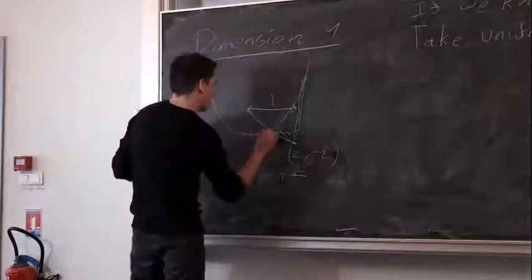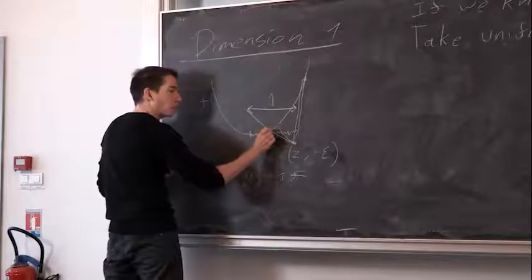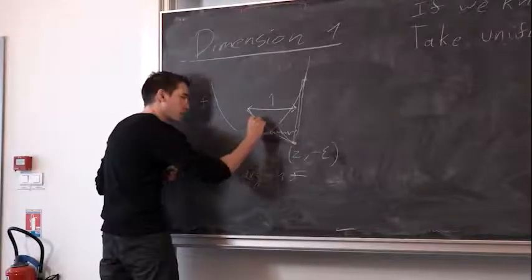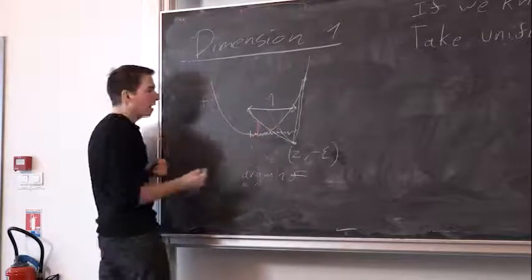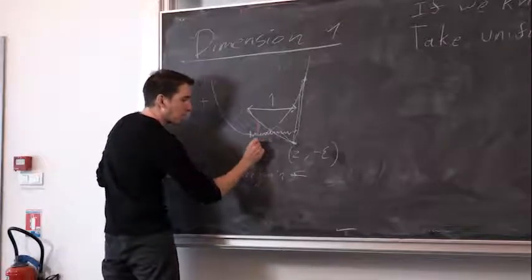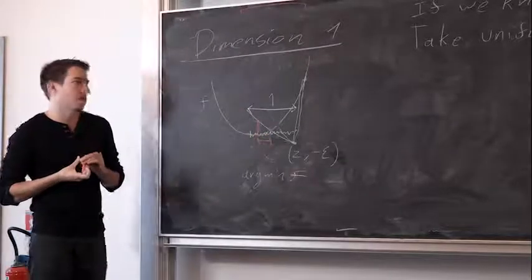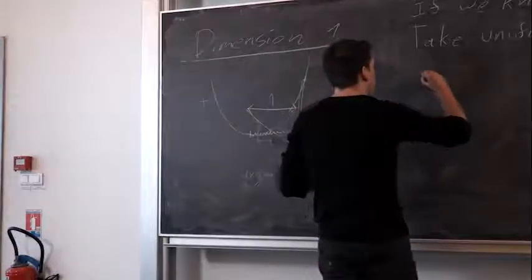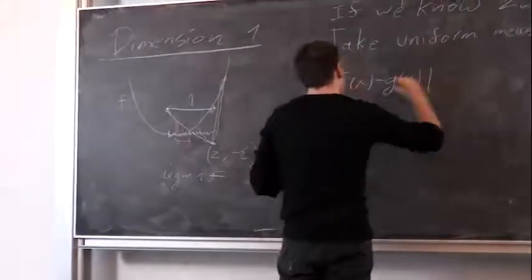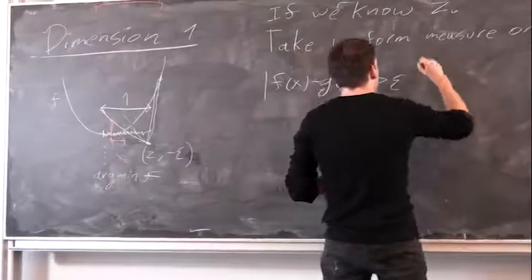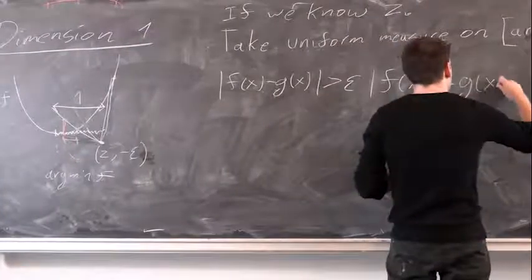This means that if I look at the difference around the point where they collide, I can actually compare it to this distance up to a factor epsilon. So for all x, we have something like f of x minus g of x is at least epsilon times f of x naught minus g of x naught.